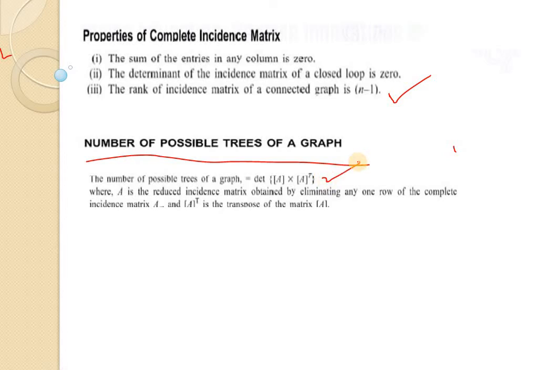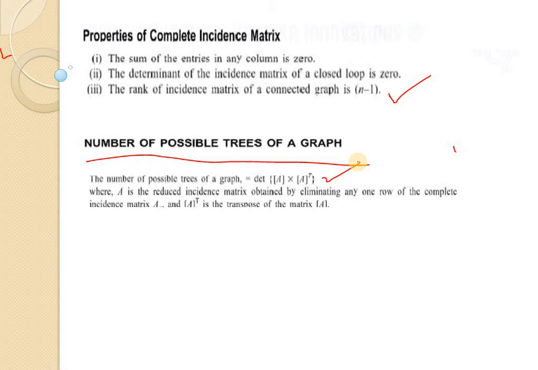That means, if a graph is given and you have to determine the number of trees of the graph, you have to first form the incidence matrix, then A, the incidence matrix, is multiplied with A transpose, and the determinant of this whole A into A transpose equals the number of possible trees of that particular graph.